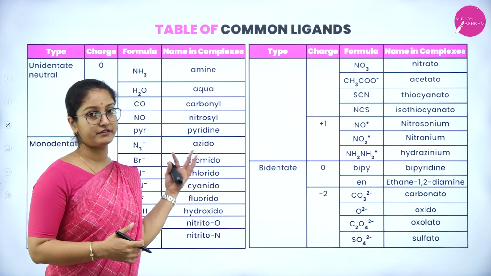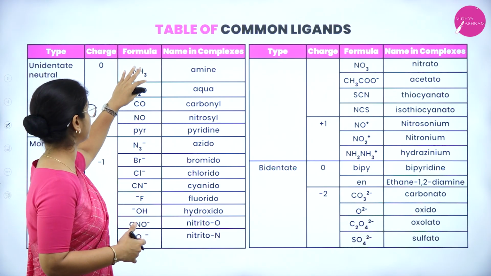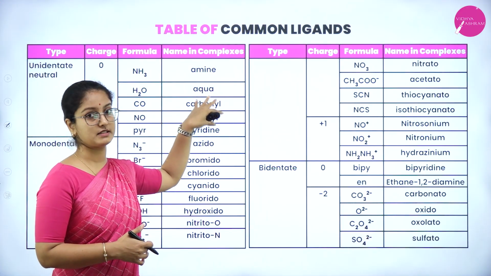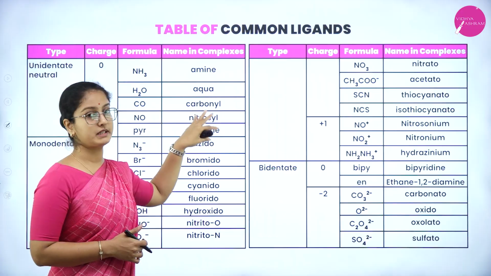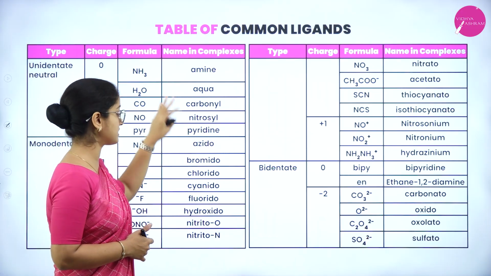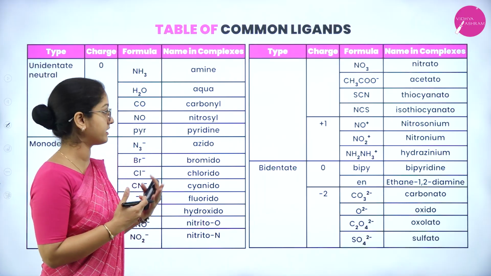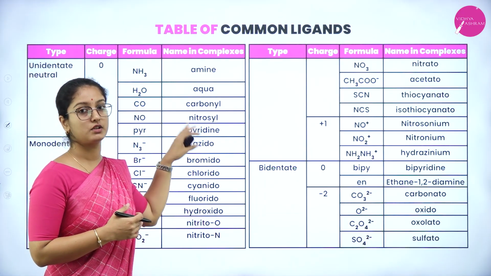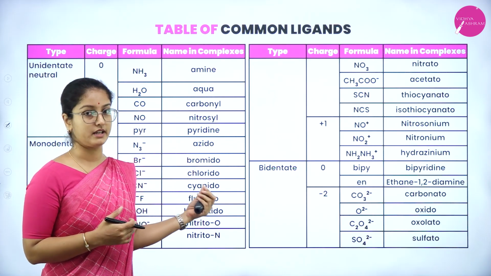So here we have types of common ligands. These are given here as formula and name in complexes, because while writing the nomenclature of the complex we have to use these kind of names. For coordination compounds it is quite different names that we use. So let us see, based on the types of ligands, what are the names that we can give.